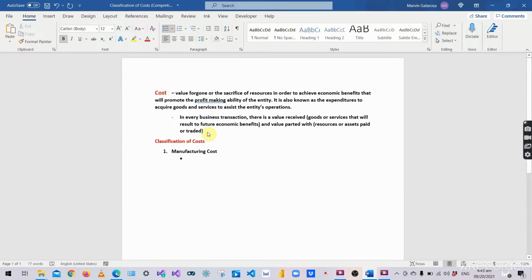So, nakareceive ka ng services that promotes and sells your products, and in exchange, you pay them with cash. Since, hindi ka naman makaka-earn ng revenue unless you will incur some costs.